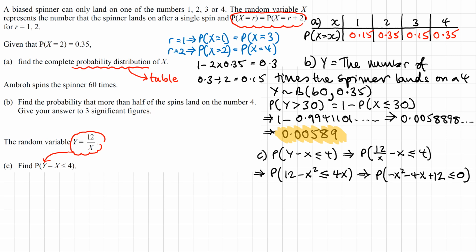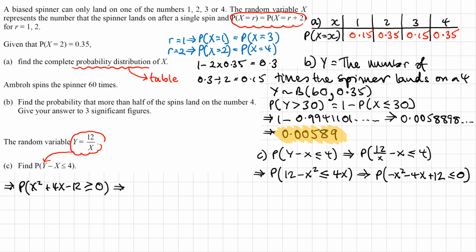What I'm going to do is times everything here by -1, which means reversing the sign to greater than or equal to. So now I'll have the probability of x squared plus 4x minus 12 is greater than or equal to 0. I can factorize what's in here.